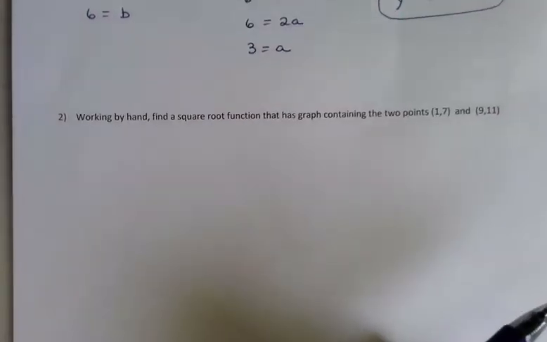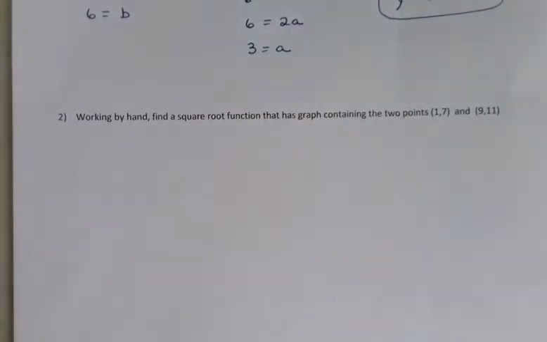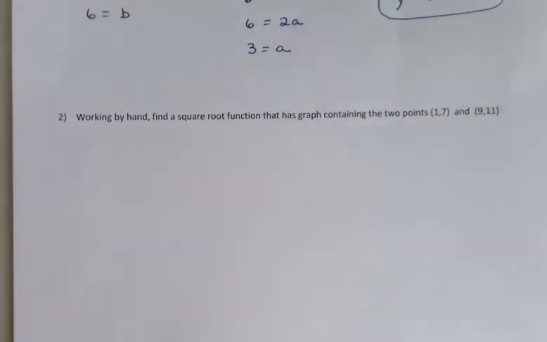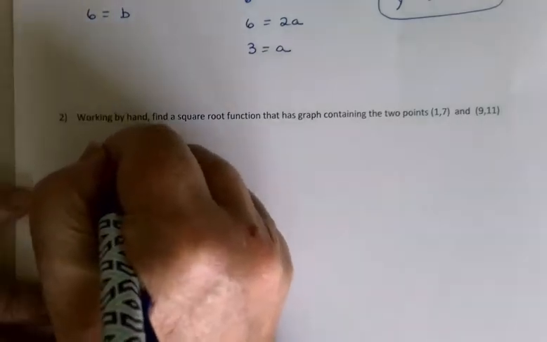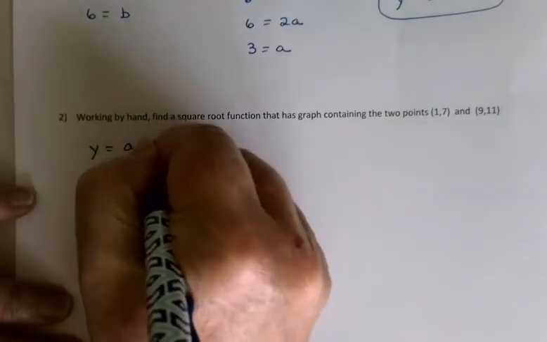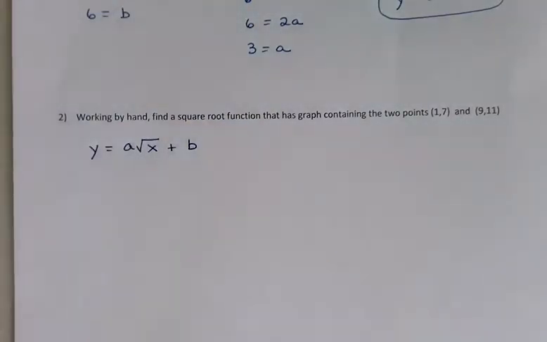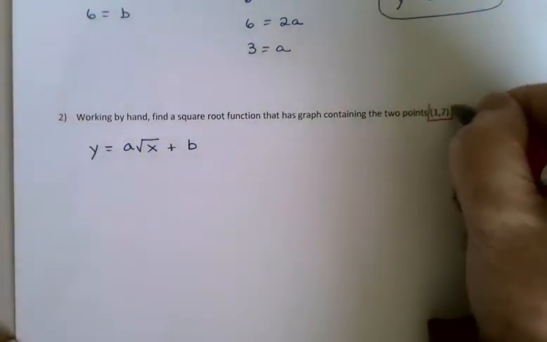In the second problem, I want a square root function whose graph has the points (1, 7) and (9, 11). Once again, I'm going to start by saying, well, my model is y equals a times the square root of x plus b. And let's begin by putting in our first point, (1, 7).